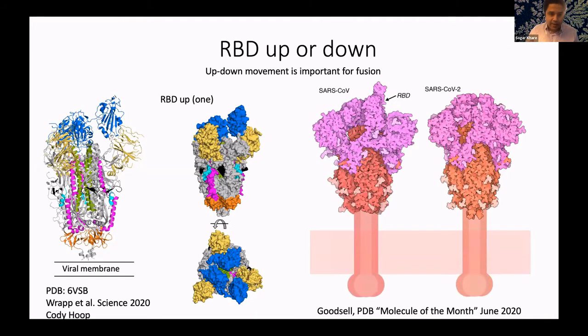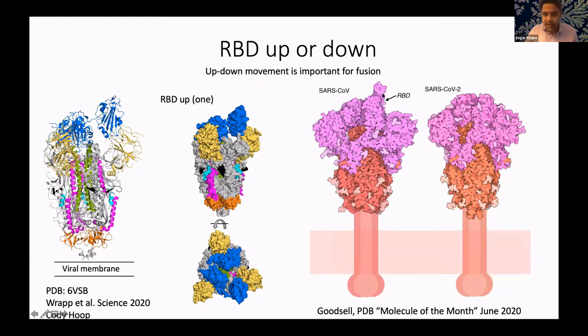Whereas in other crystal structures or cryo-EM structures, determined by a technique called cryo-electron microscopy, you can see that one of the 3 receptor binding domains is pointing up. And in fact, David Goodsell made a beautiful representation of these 2 orientations of the RBD in his Molecule of the Month representations, as you can see here.